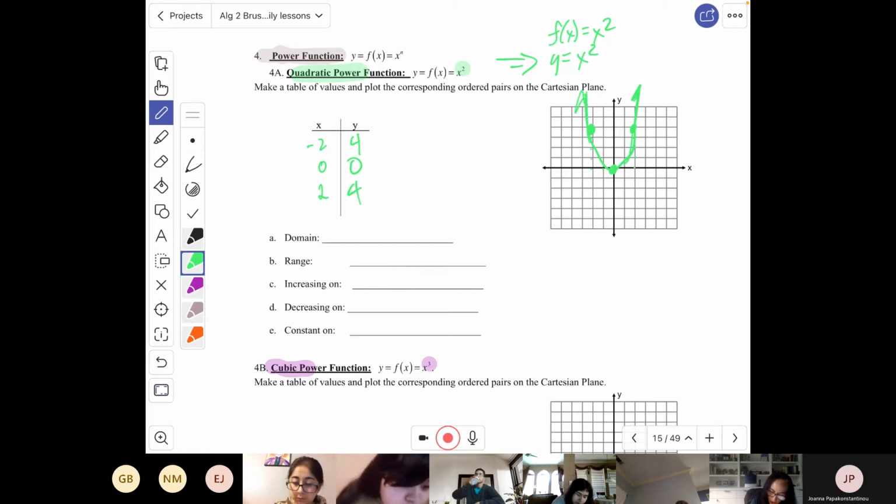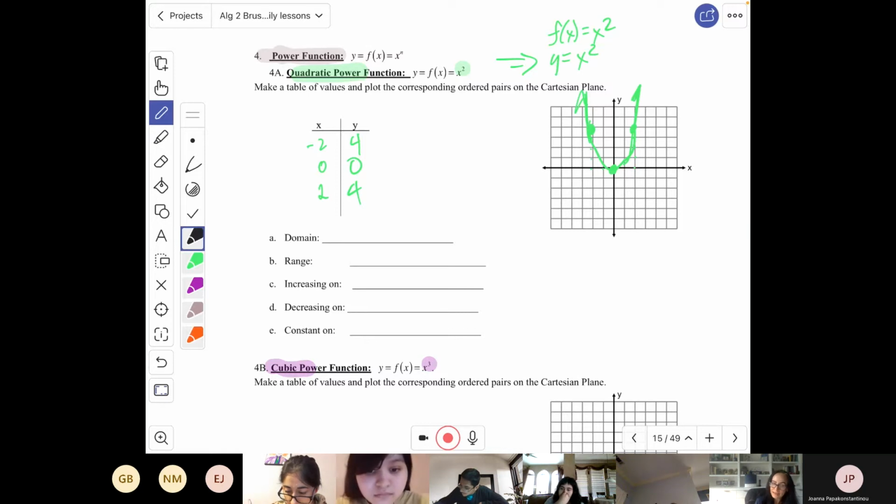Now, let's talk about the domain for every parent quadratic function or any quadratic function. What is the domain as an interval? Can anybody tell me? Nathan?